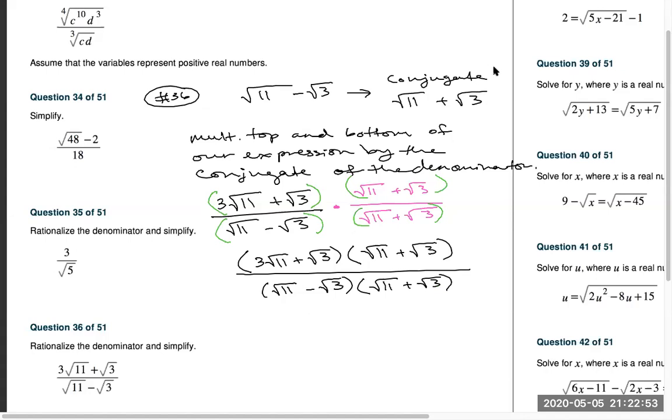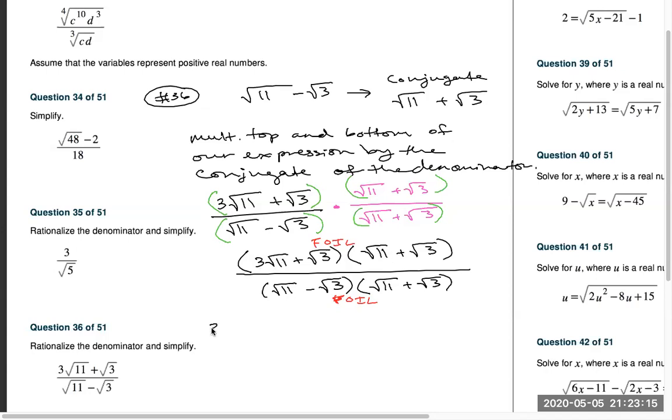Okay, so FOIL, FOIL. Okay, and then on the top, we get 3 root 11 times root 11.